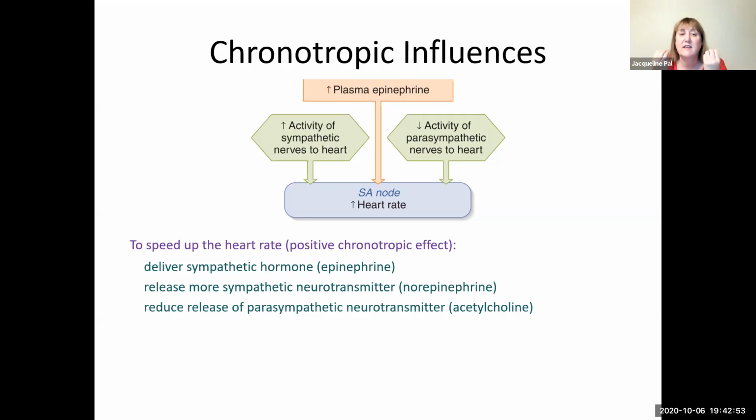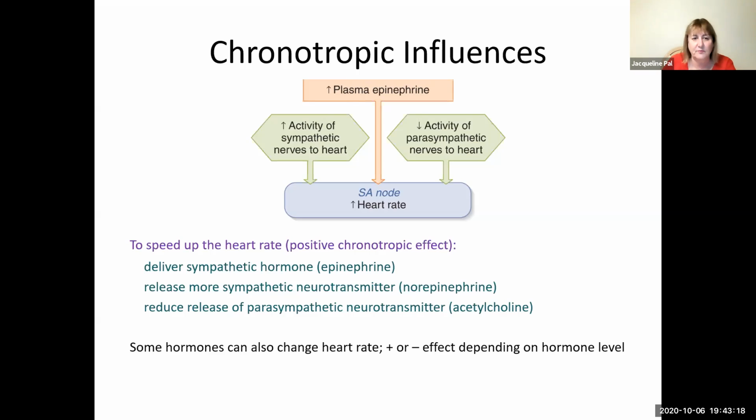So in order to get a positive chronotropic effect, i.e. a faster heart rate, we would have more sympathetic effect, more epinephrine and norepinephrine, or we would decrease parasympathetic effect by decreasing acetylcholine.